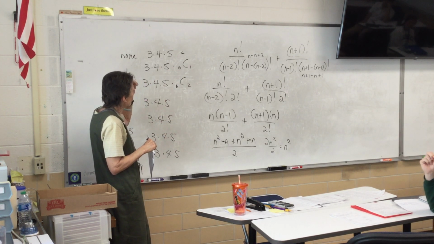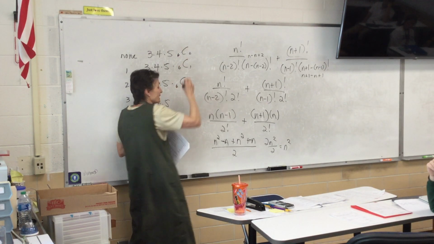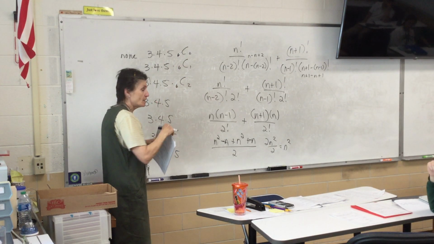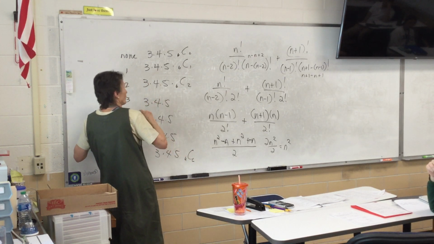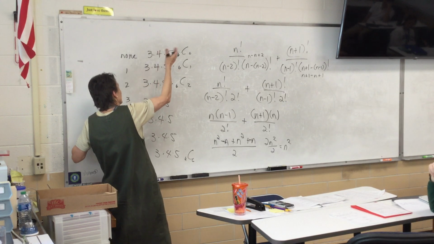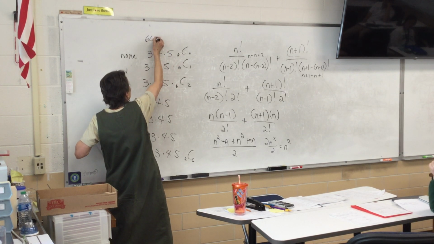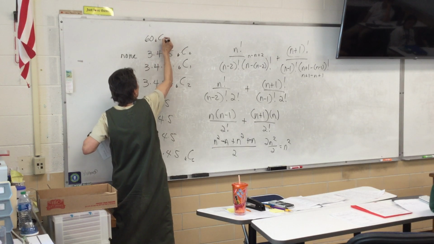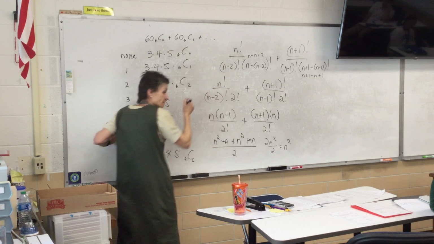But basically, this one was 6C0, where you didn't pick any of those. We could have shortcutted this and done it a little bit more efficiently.